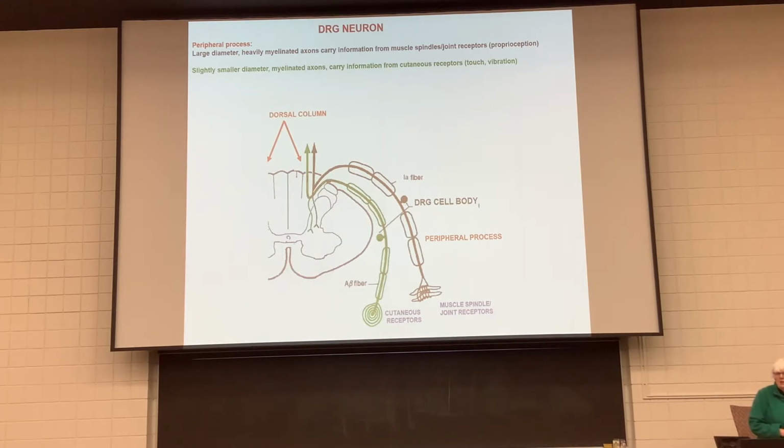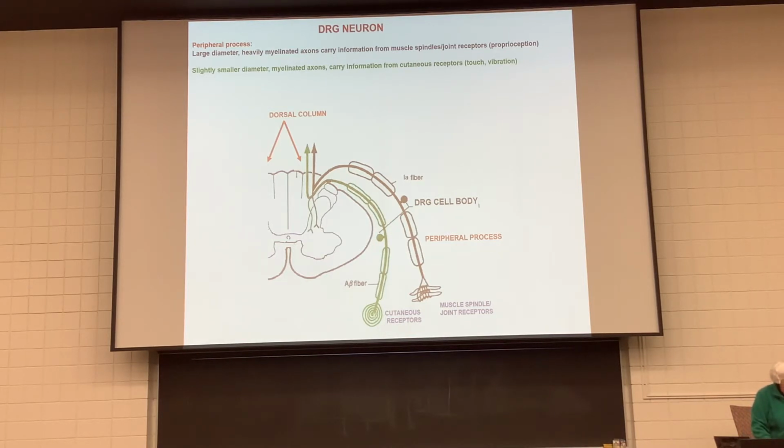For touch, that information is carried by those A-beta fibers. They're large diameter, heavily myelinated, shown here in green. When you come back from break, we'll talk about this other group, which are called proprioceptors, carrying information back from muscles about where we are in space.